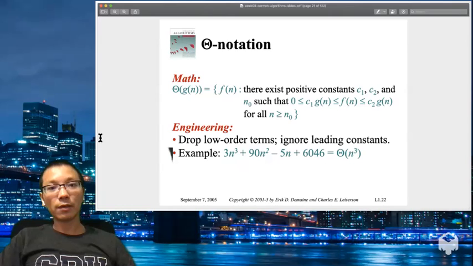What theta allows us to do is ignore the insignificant constants. We just want to analyze the growth of g of n. We say, if your running time is within this set, for example, here's an example. Let's say the running time of your algorithm is 3n cubed plus 90n squared minus 5n plus 6046.